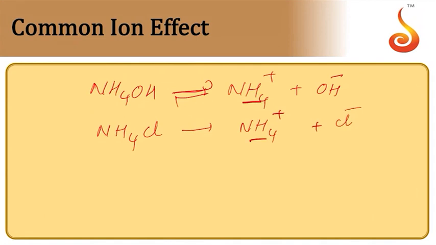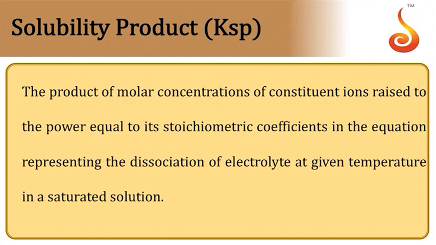We are again adding a common ion containing substance, thereby the equilibrium moves in the backward direction. Hence we can see a decrease in the dissociation of ammonium hydroxide. So the decrease in the dissociation of a weak electrolyte in the presence of a common ion containing substance is called the common ion effect.